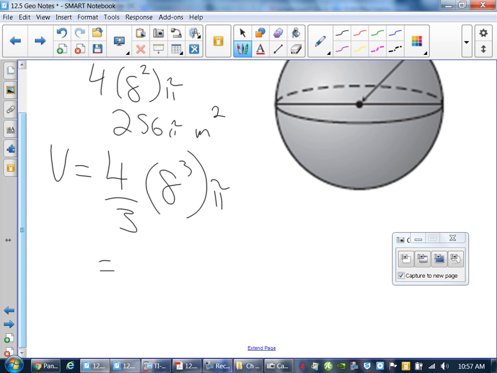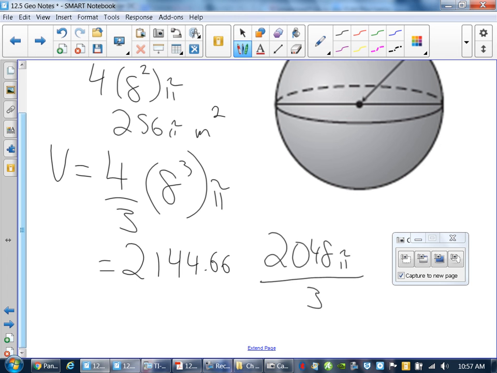2, 1, 4, 4. Oh, the caret button's cube. I forgot to do that. What was it? 2, 1, 4, 4, 6. That's without pi. Anybody get the answer with pi? Was it 2047, 48? Okay. So it's the same thing as 2048 pi over 3. Either one of those is fine.